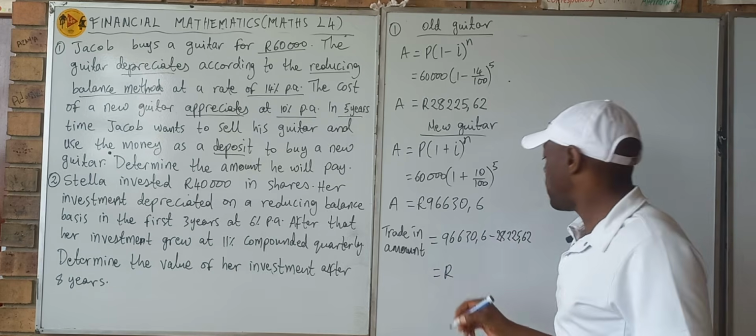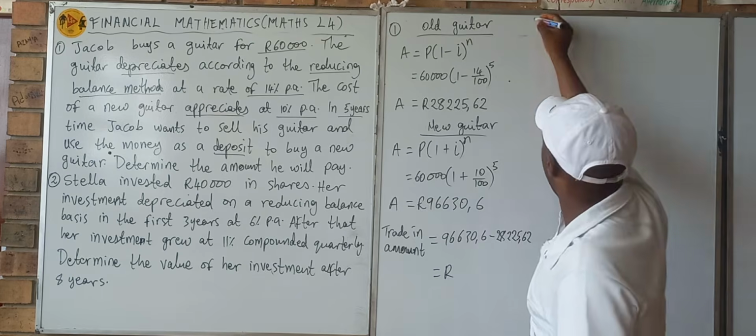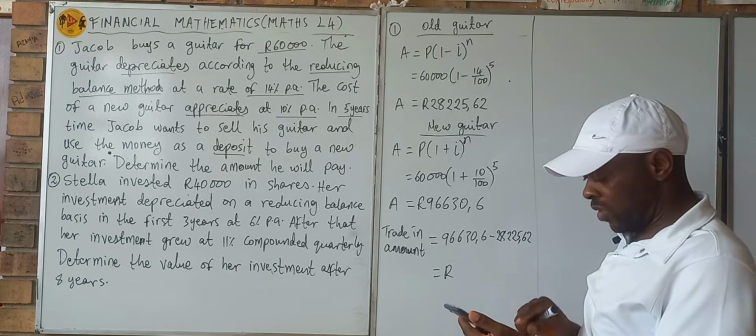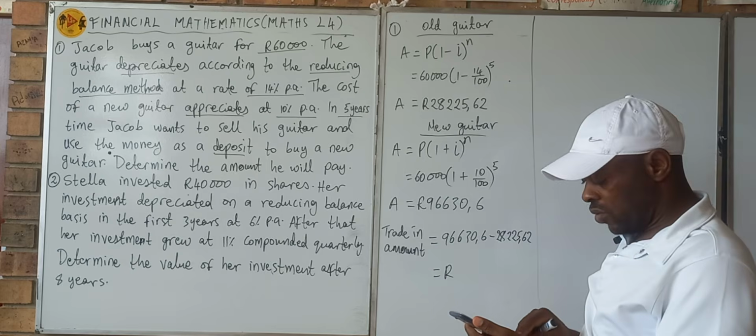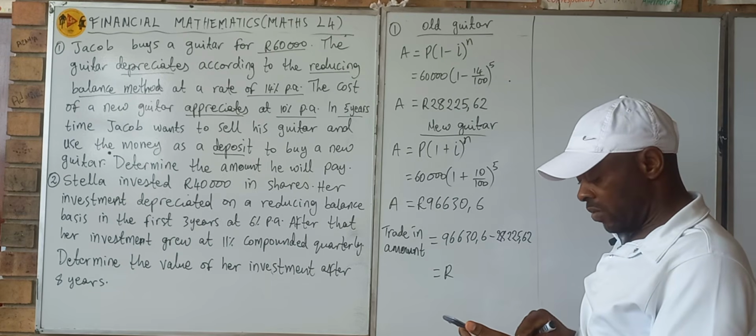If I do this difference, I see the amount Jacob will pay to acquire this new guitar after 5 years. So I'm subtracting 28,225.62.